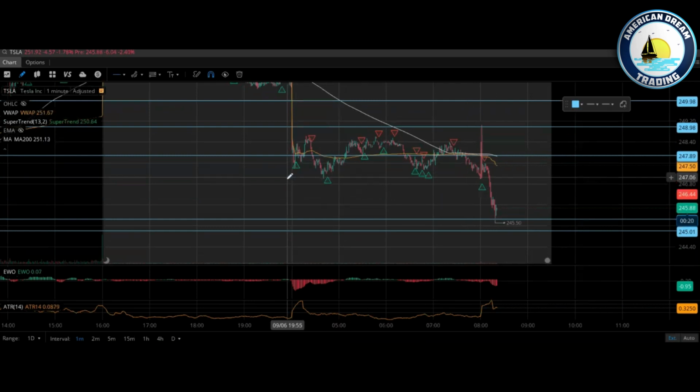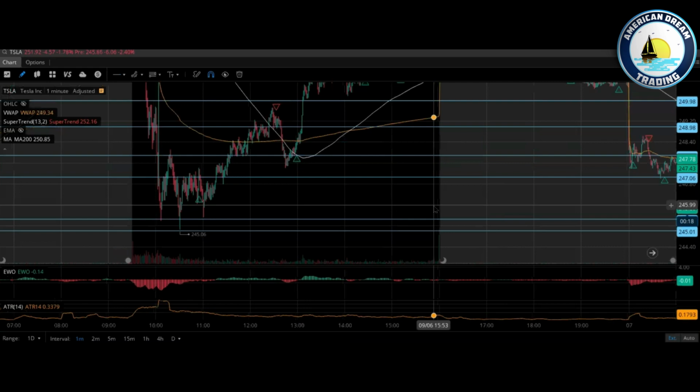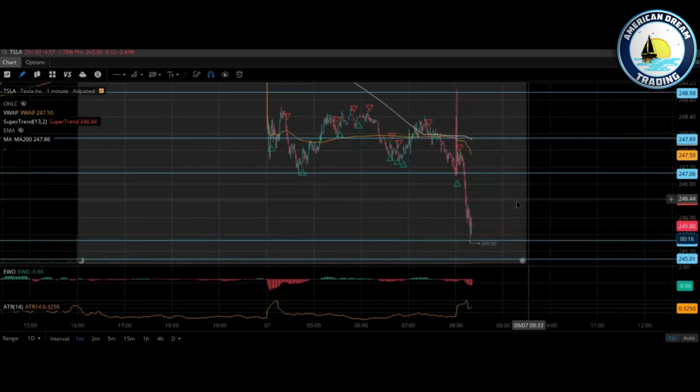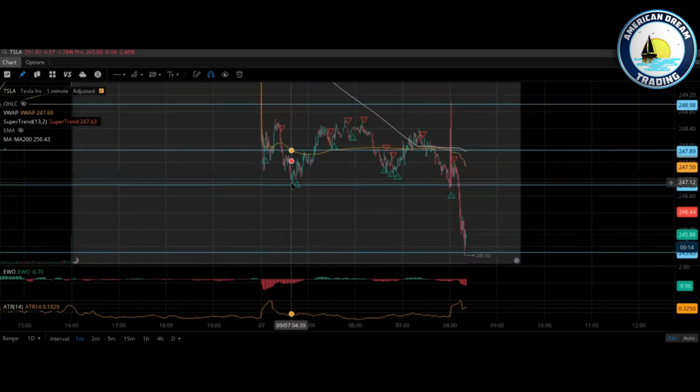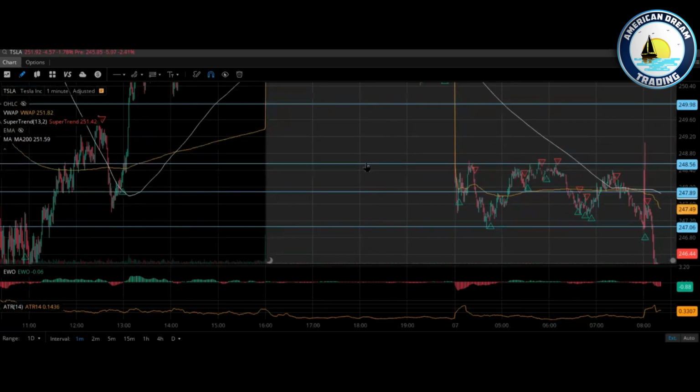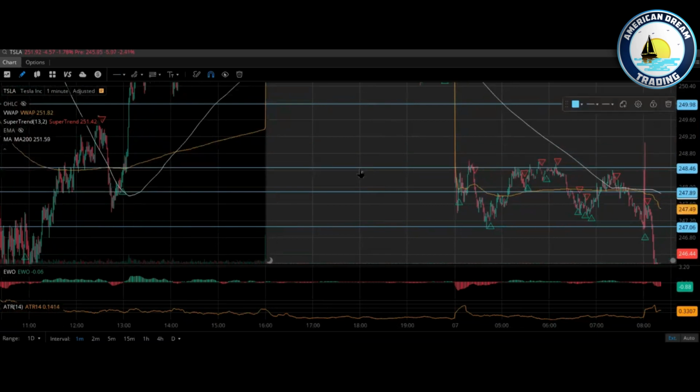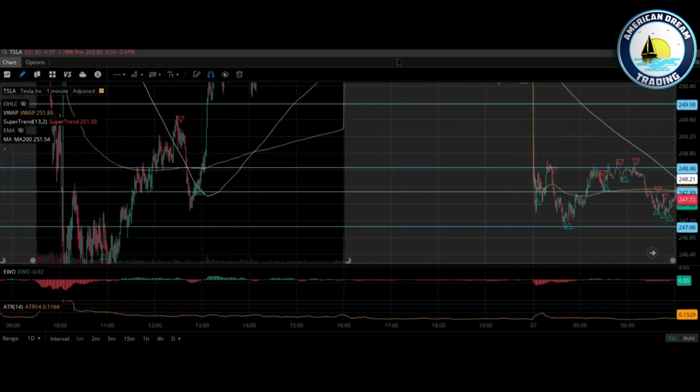Now, this is what I wanted to show you guys in continuation of the way that we track. Right here in the pre-market, this is giving us more information. So on the bounce on the way up, you're watching for here and here, which is 247. Do you guys all see it? That would be like a first level that you guys are watching for. Here's a second level, and you can see it came from yesterday.